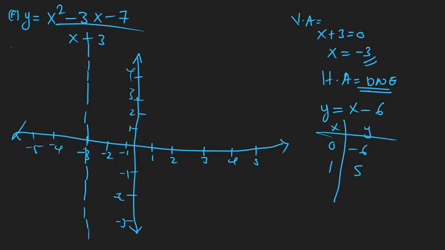Okay, let's plot 0, negative 6. 0, negative 6 is this point.